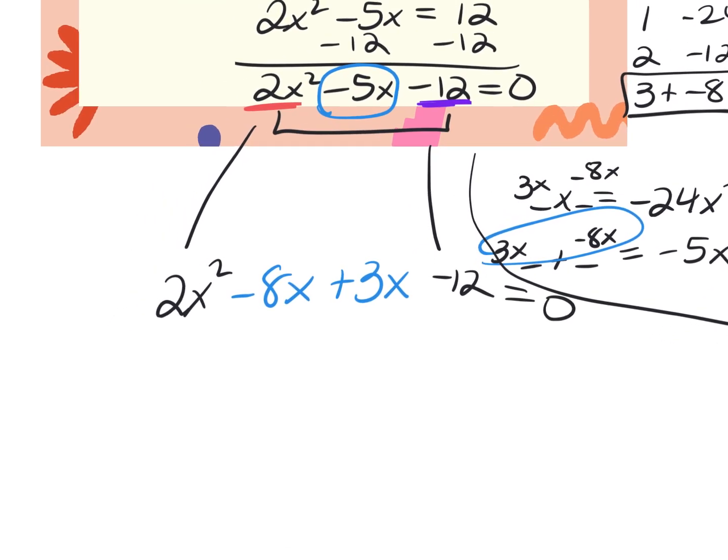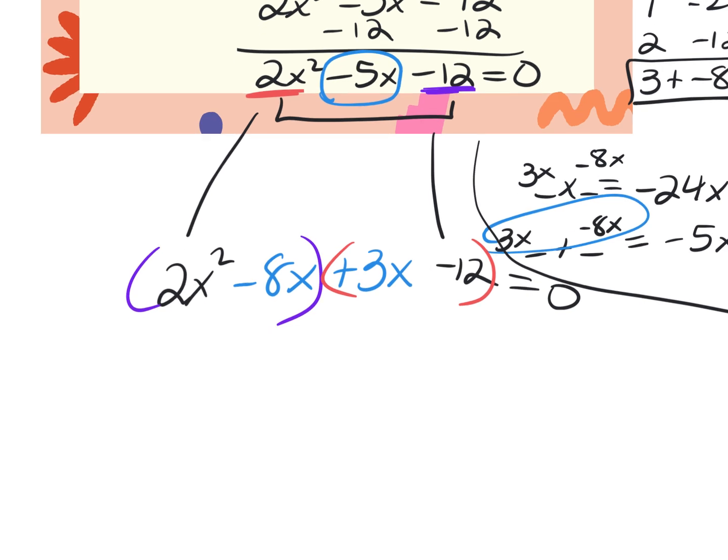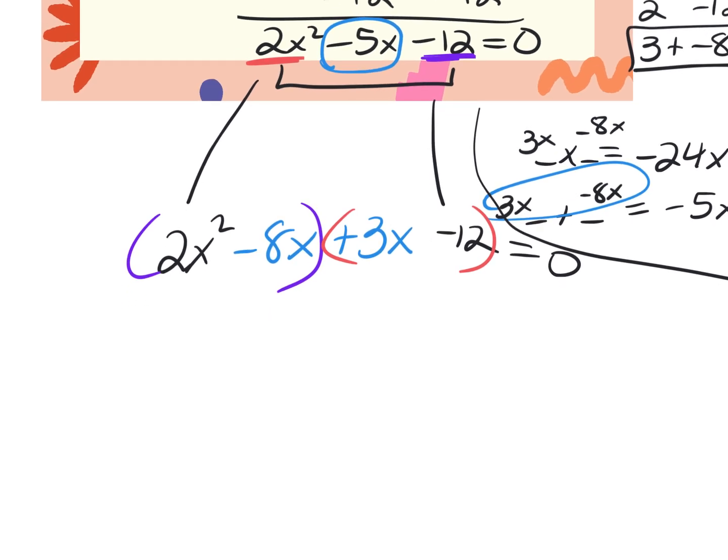Now, what we have to do is group the terms. I'll group the first two together and then the second two. So now what I need to do is find a greatest common factor of the purple group. So my greatest common factor between 2x squared and negative 8x is going to be 2x.